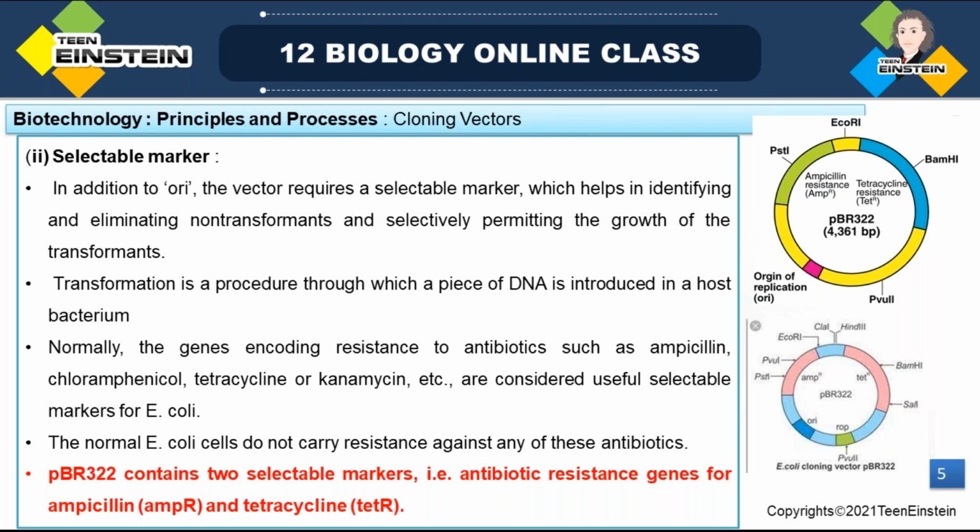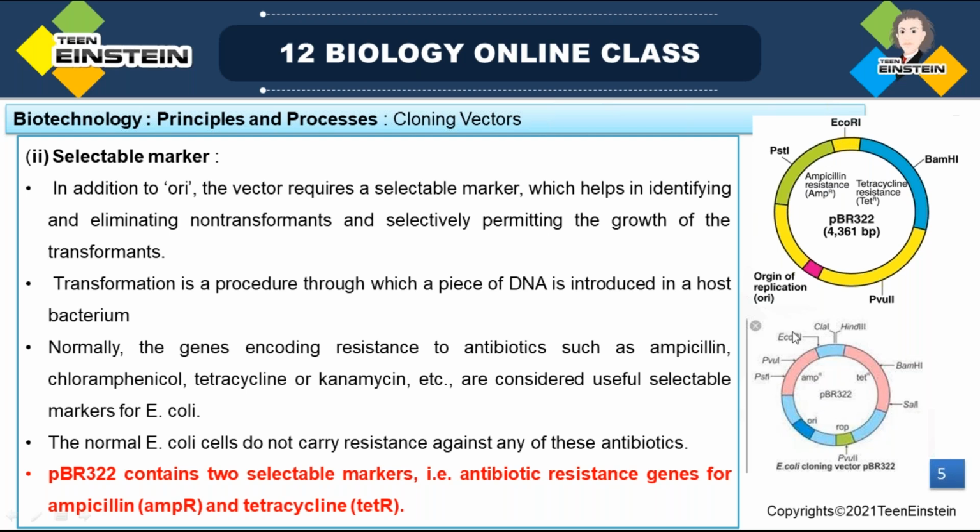Then, for example, pBR322, which is an E. coli cloning vector. Here you can see pBR322, which is a vector, and it is having two selectable markers. These selectable markers are antibiotic resistant genes for tetracycline and ampicillin.